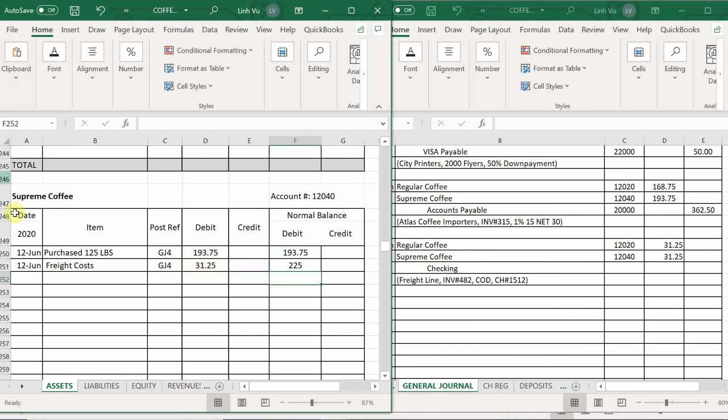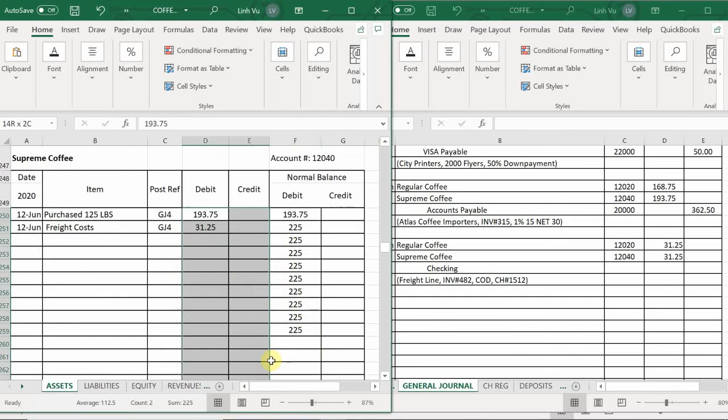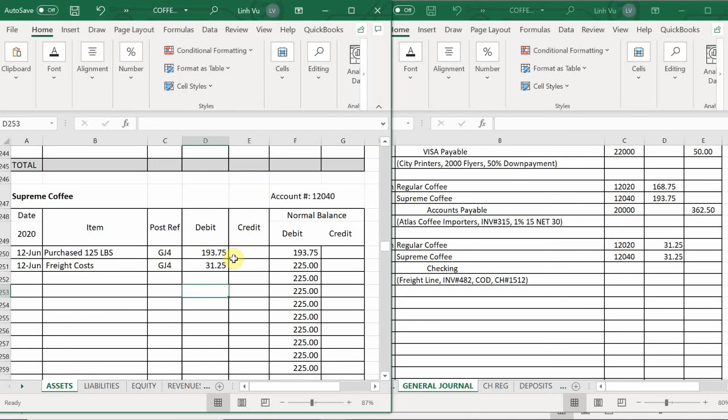In this case, I have 225, and I'm going to pull this formula down. Now I'm going to make sure that I format this. So I have $200 in my regular coffee and $225 in my Supreme coffee.